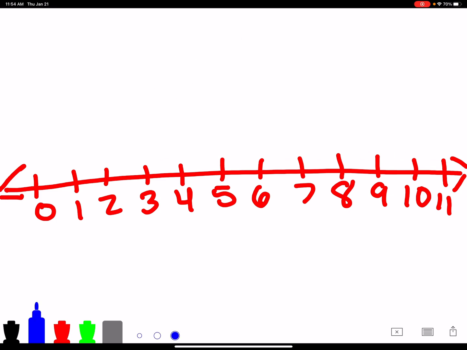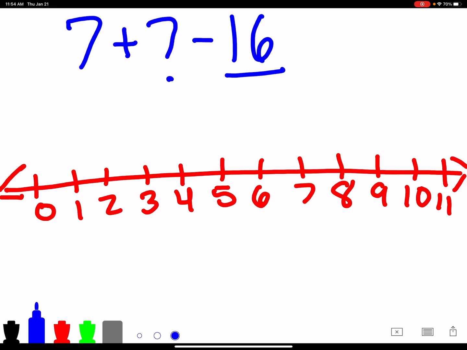So you started out with 7 board games, but it was your birthday, and your friend gave you some more, and now you have a total. So this is the total amount of games that you have as of now. So 16 is going to be your sum. That's going to be the total number. But you're trying to figure out how many presents your friend gave you on your birthday. So you started out with 7, but you're trying to figure out how many to get to 16.